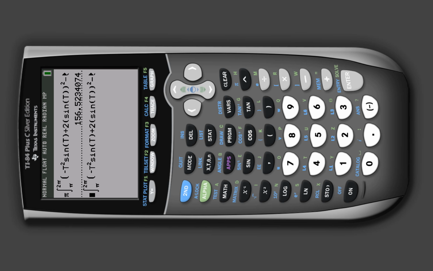Just check whether my computation is correct first, then if not, I go back to check the working. So sine t plus 2 sine t square minus sine t cube dt.